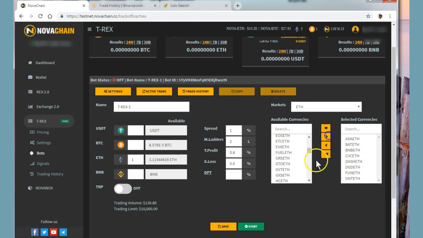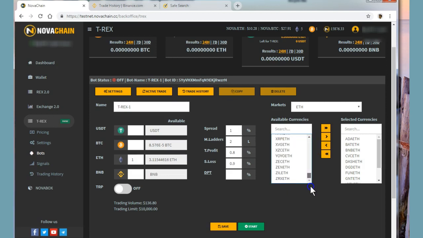I forget what this one is. Is that IOTA? That might be IOTA. Litecoin, we'll add some Litecoin. Oh, maybe that's the limit. Oh, okay, it just took a minute. Neo. So is there a BTC ETH trade? No, it doesn't look like there's a BTC ETH pair.